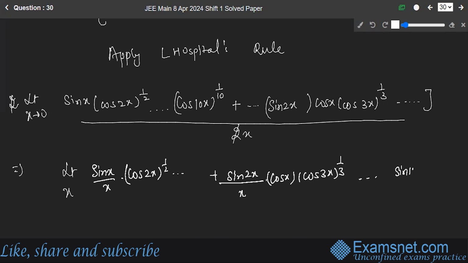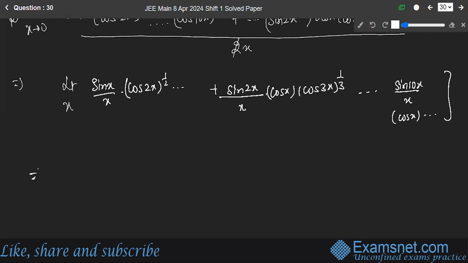This will continue till sine 10x upon x into cos x and so on. Hope you understood this thing. And I have utilized the denominator x also. So this is the limit as x approaches 0.